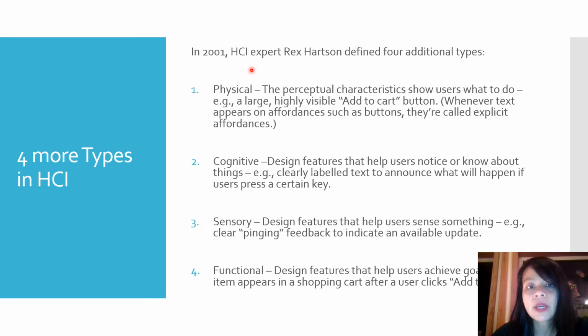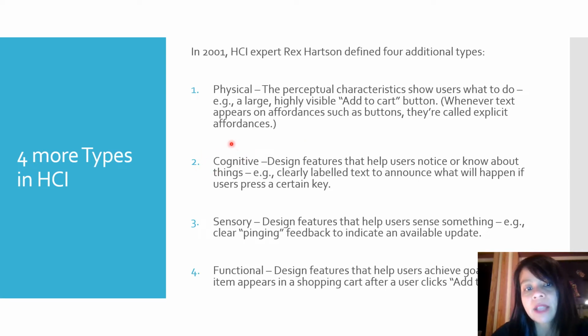In 2001, HCI expert Rex Hartson defined four more additional types of affordances. The first is physical, so the perceptual characteristics show users what to do, like a large, highly visible add to cart button. Whenever text appears on affordances, such as buttons, they're called explicit affordances.